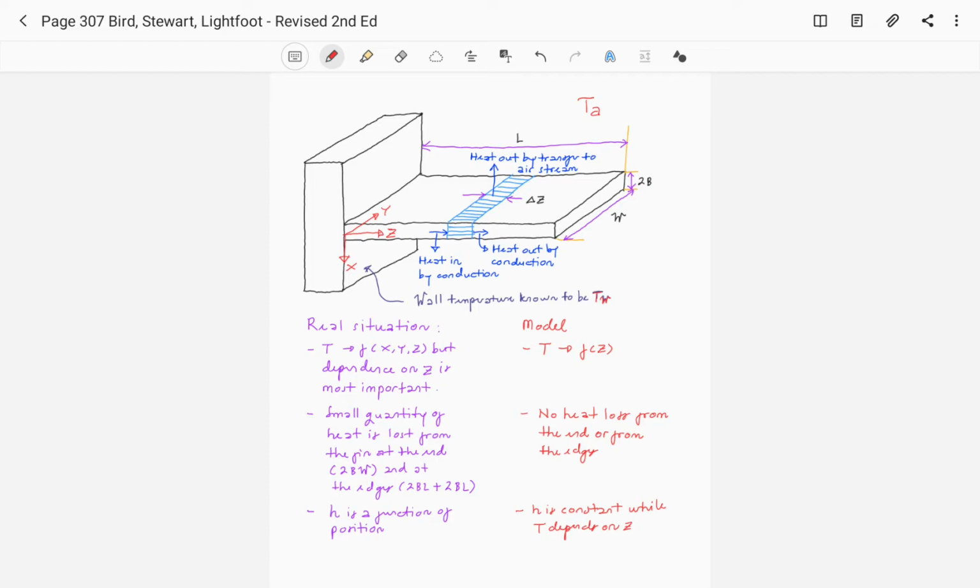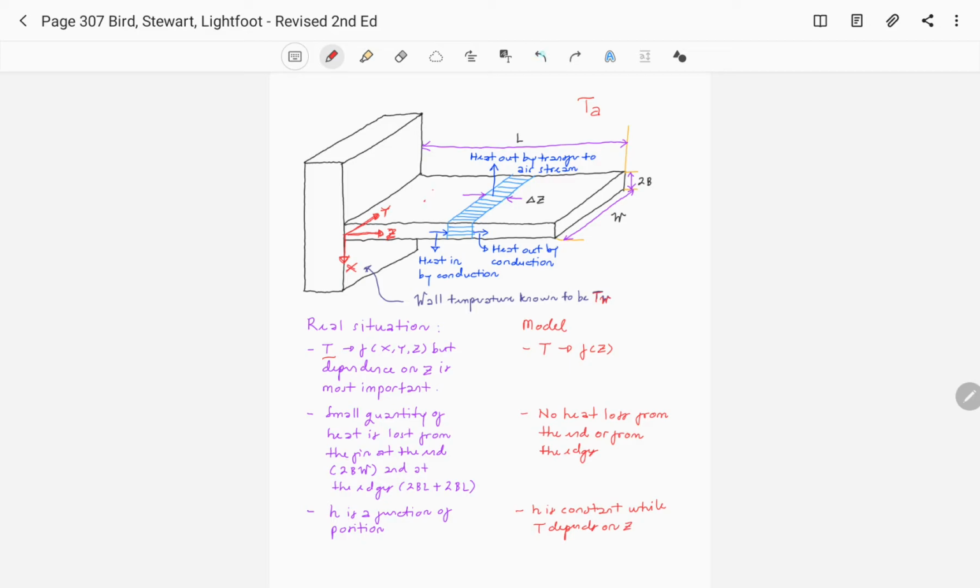So in reality, for this particular fin that we draw here, the temperature should be a function of X, and then a function of Y, and also Z. So we expect the temperature distribution in the fin to be a function of X, Y, or Z, because at this position it may be different from this position and this position, for example.